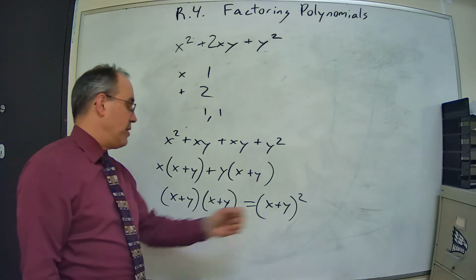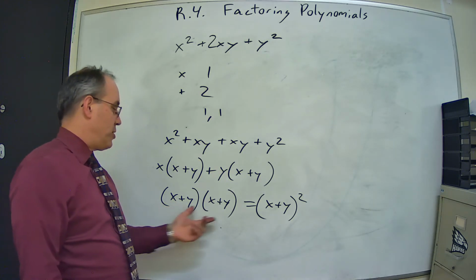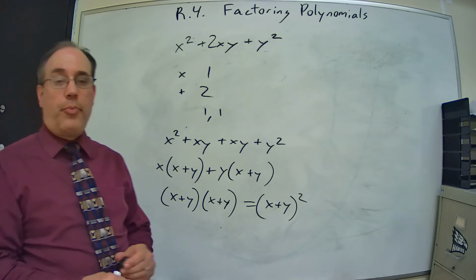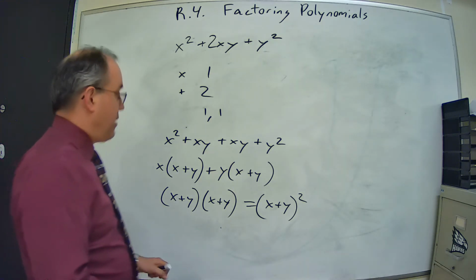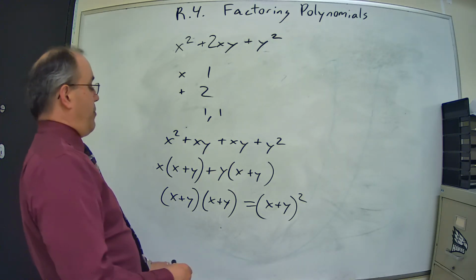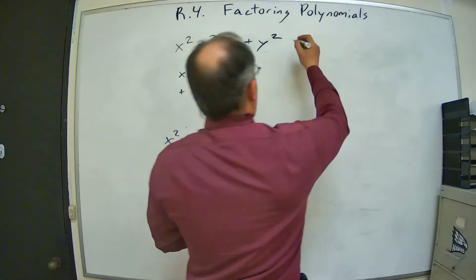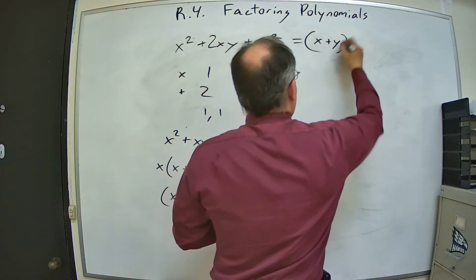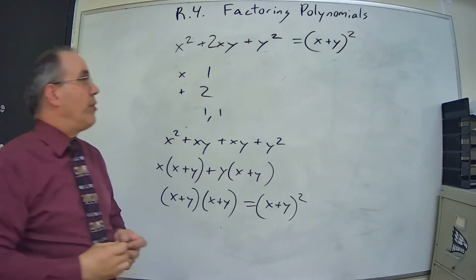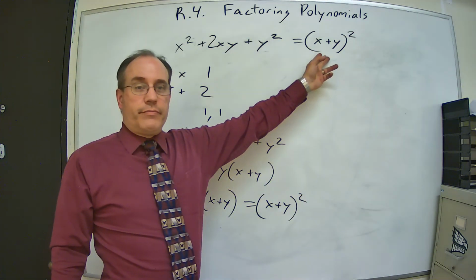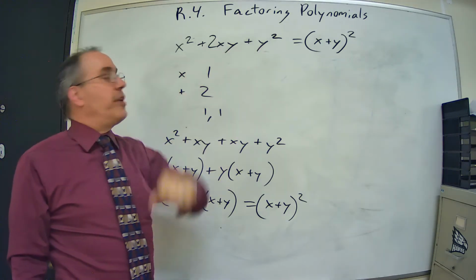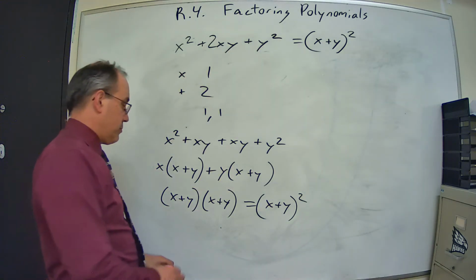Look at that. So x plus y times x plus y gives us x plus y squared. This is a special product. And I'm going to put that up here: x squared plus 2xy plus y squared is equal to x plus y squared, or the square of a sum.